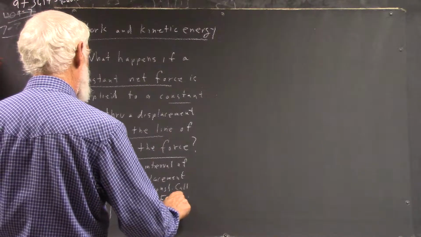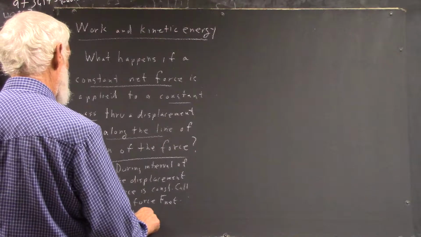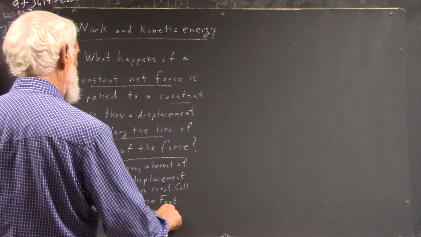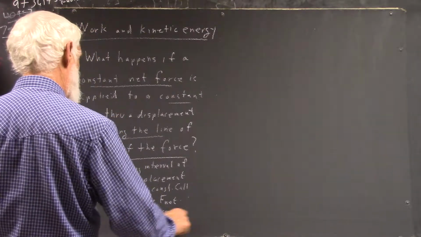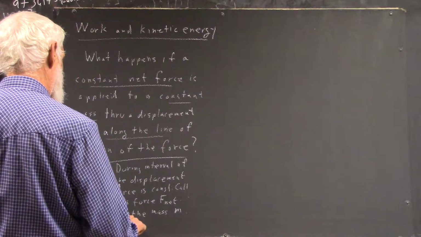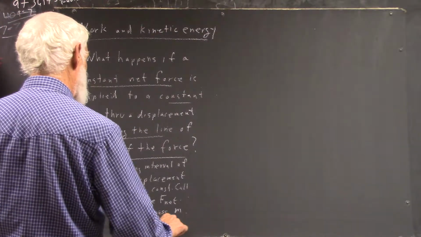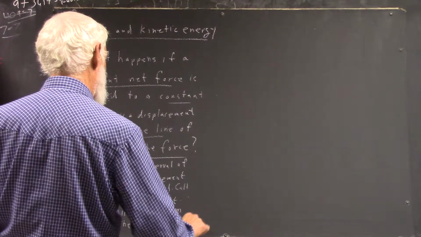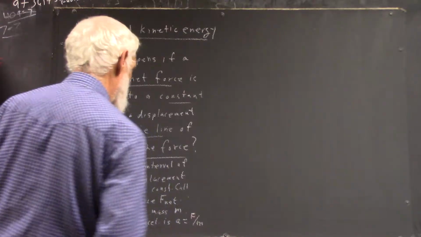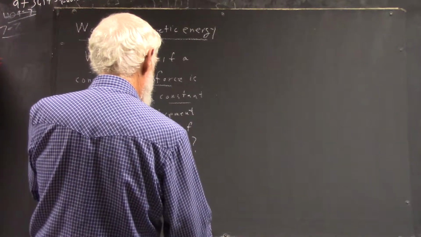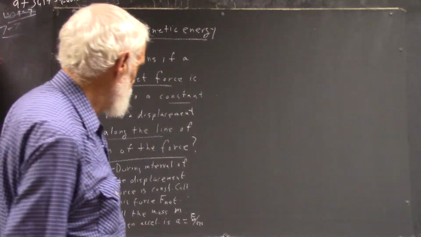Call this force F net. Call the mass M. Then acceleration is a equals F net over M. Okay, you can take my word for it that I wrote the word net there.